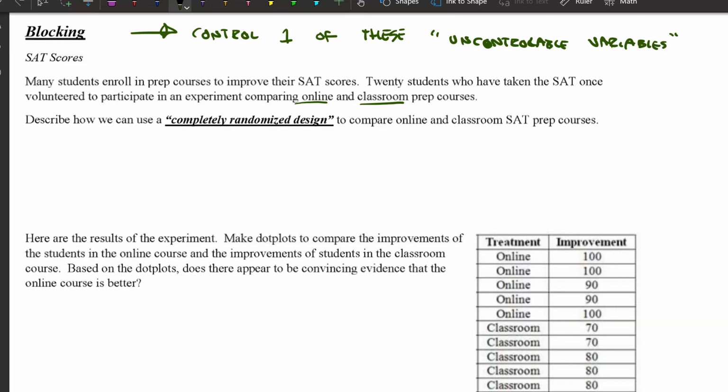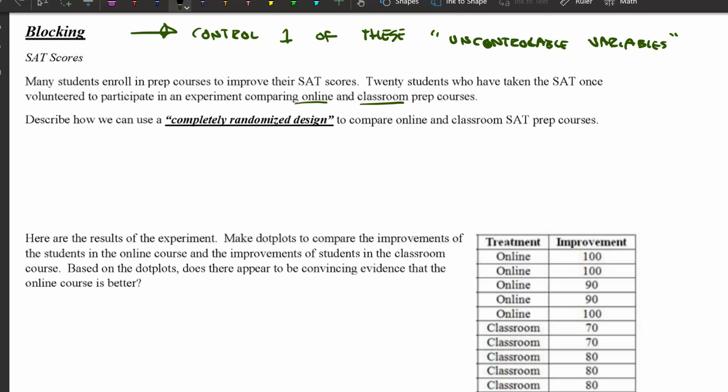So completely randomized design always takes your subjects and breaks them into two groups. So we start with our 20 kids. We do random assignment. We're going to break them into probably 10 kids and 10 kids randomly. We're going to assign these to the online class.